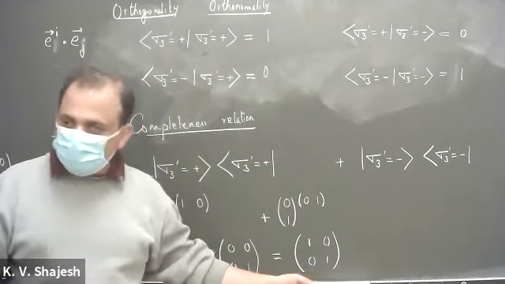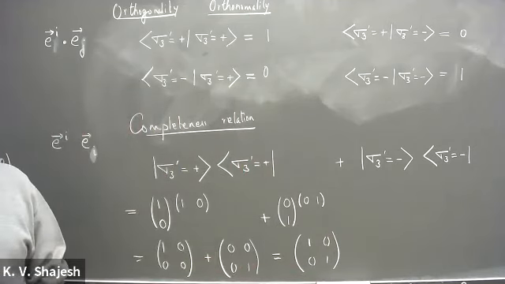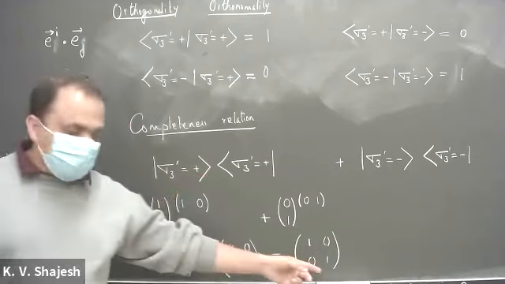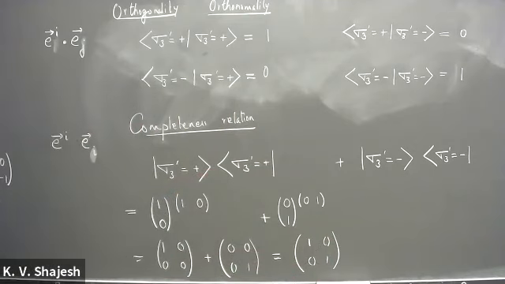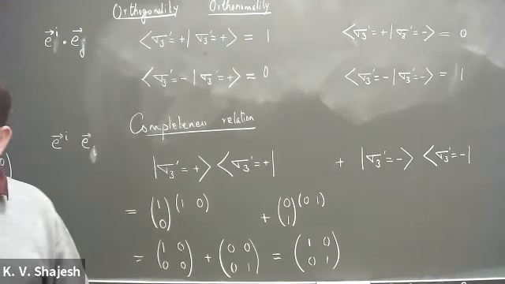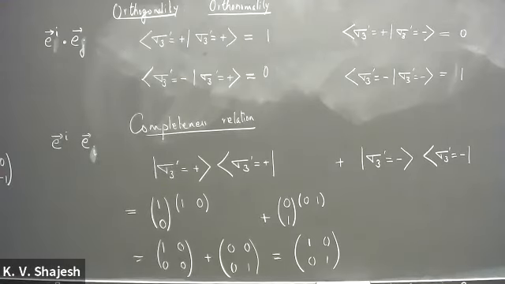This plus this should give you 1. So this is an identity matrix. It's all very straightforward. It's just properties in a sense, but now we are going to use this property.